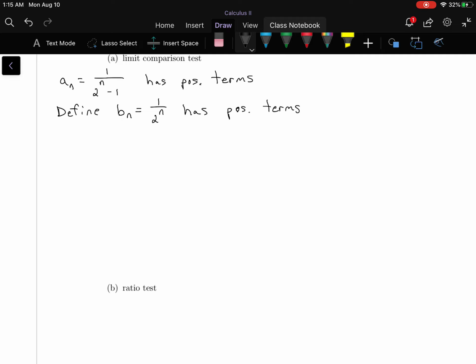Now the next thing that I want to look for is, since this is the limit comparison, I want to know the limit as n goes to infinity of a_n over b_n.